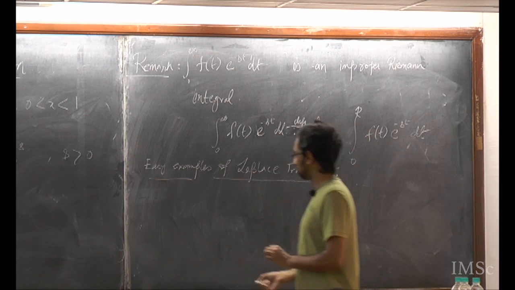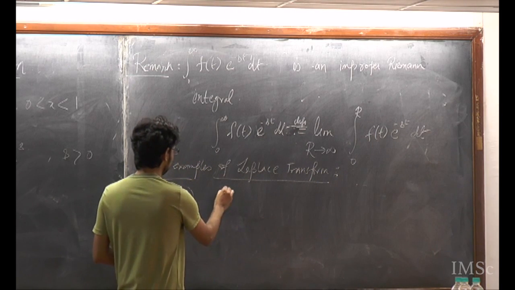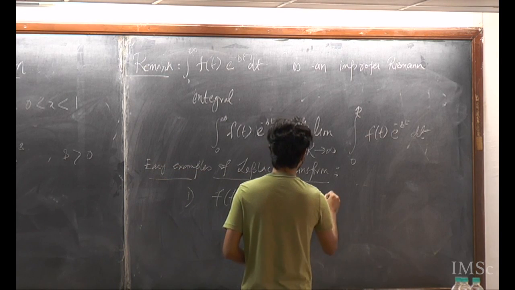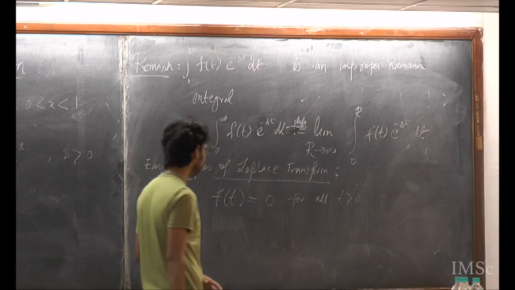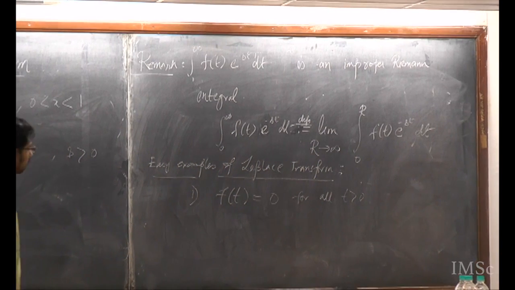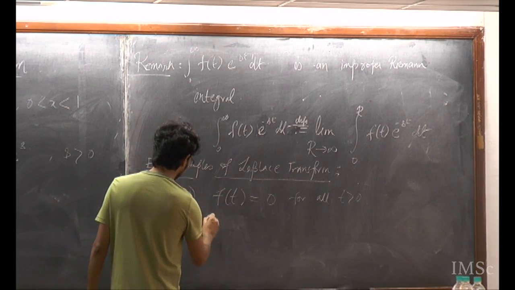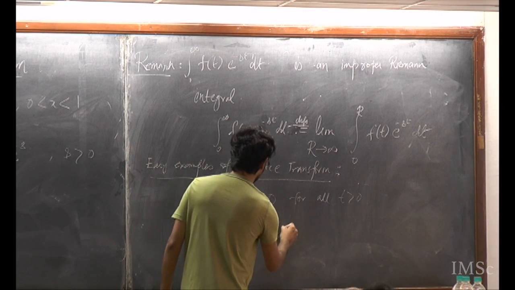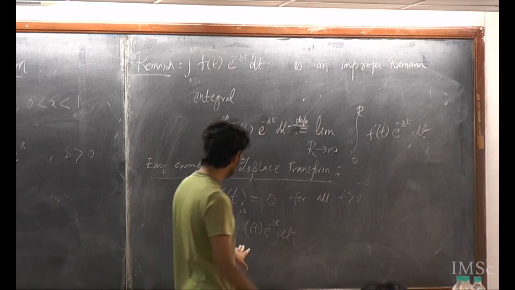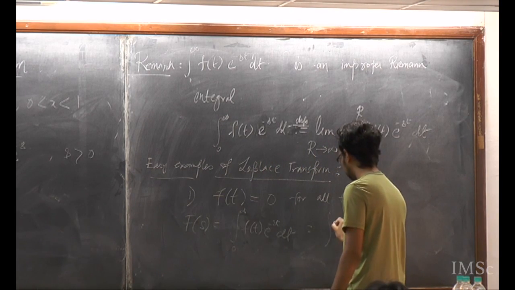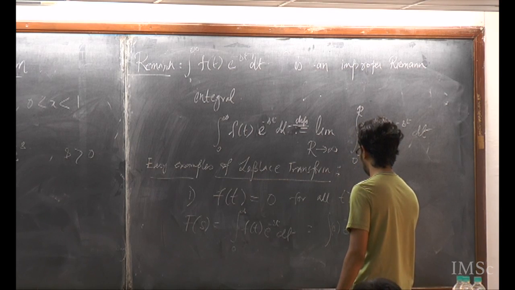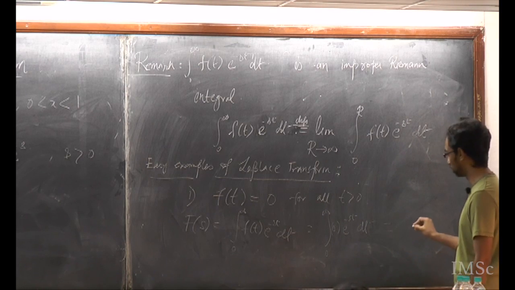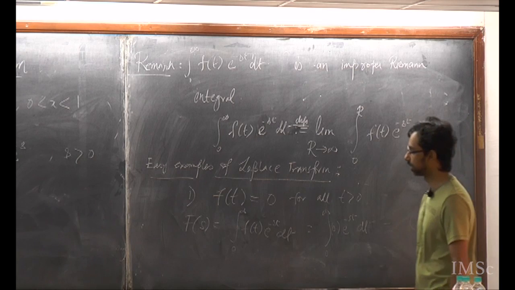The first one is just take f(t) to be 0 for all positive t. It's 0 everywhere. Then what will be the Laplace transform? The integral from 0 to infinity of f(t) e^(-st) dt, and f(t) is 0 on this interval, so 0 times e^(-st) dt. So this is just 0, right? This is a very easy example.